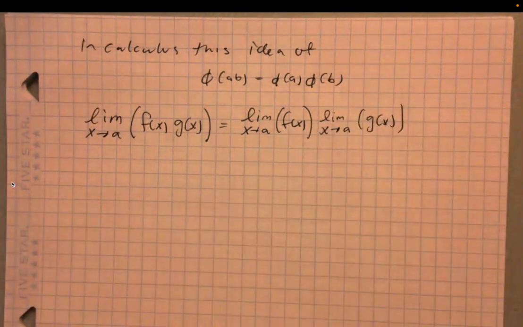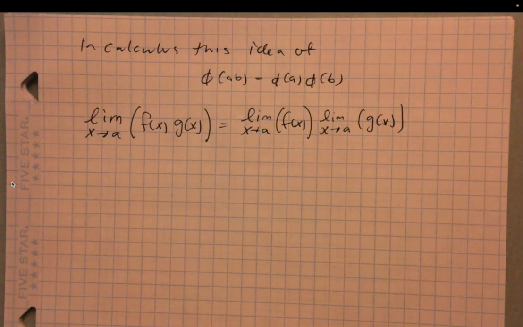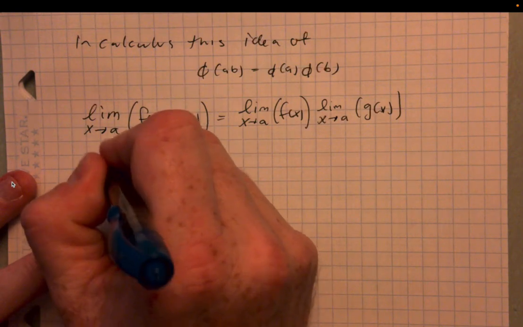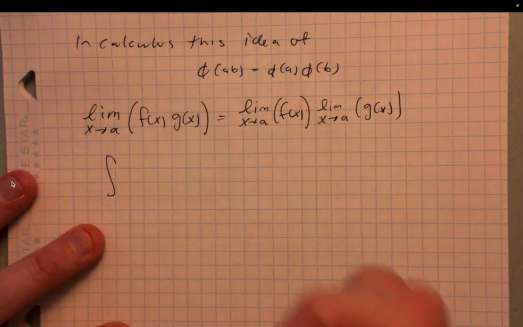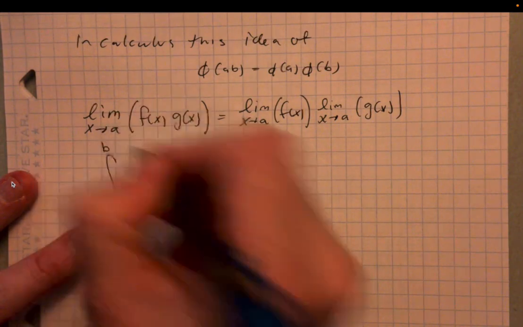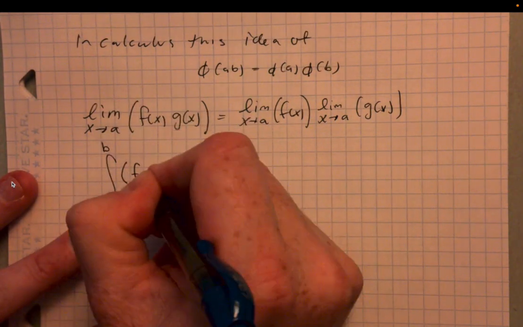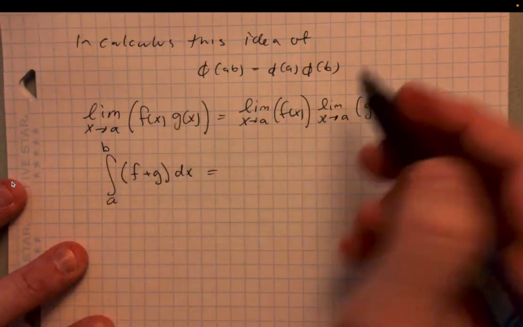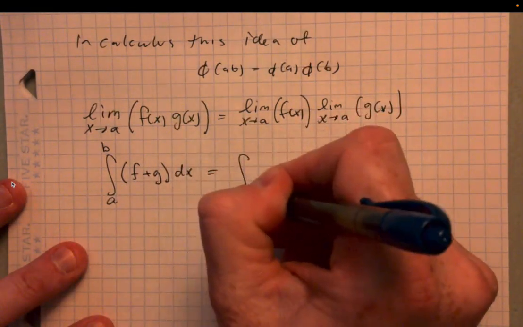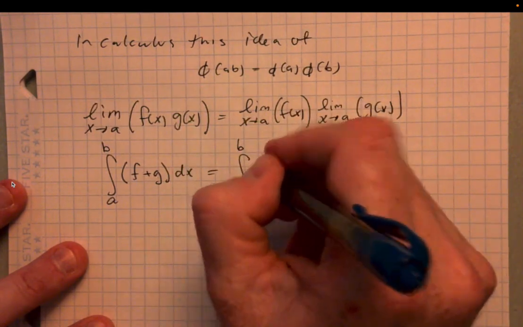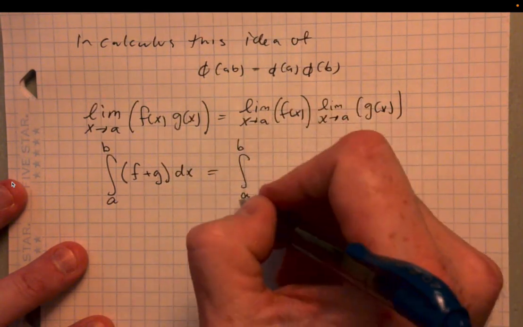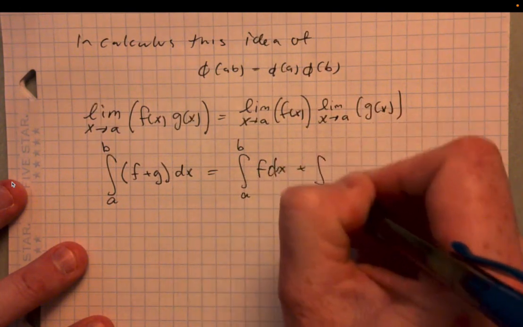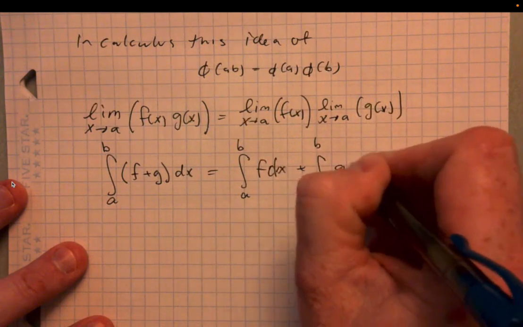You'll have seen that. It's a similar idea. And it also comes up in calculus 3 when we start talking about integration. If I have a definite integral from a to b of two functions added together, then I can break that sum apart, and it's going to be equal to the integral from a to b of f plus the integral from a to b of g.